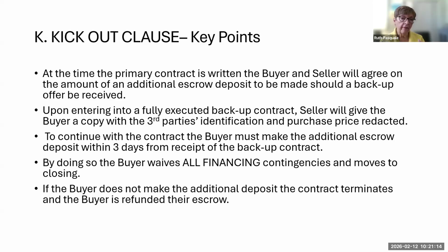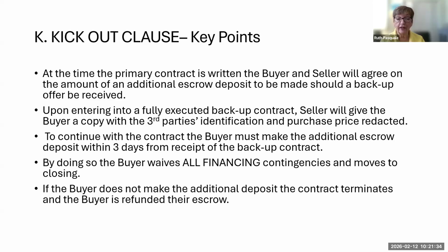So most times though, the seller is going to want to see a second deposit in there. Okay. All right, because that puts pressure on the buyer to perform. At the time the primary contract is written, the buyer and seller will agree on the amount of an additional escrow deposit to be made should a backup offer be received.